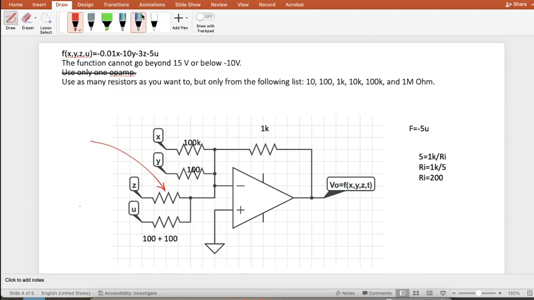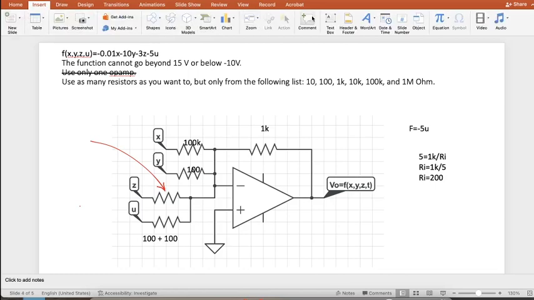Anyway, just right now I'm just gonna write 3 1K ohm resistors in parallel. So this here would finally give me F equals to whatever I wanted there, actually, minus 10y minus 3z minus 5u.